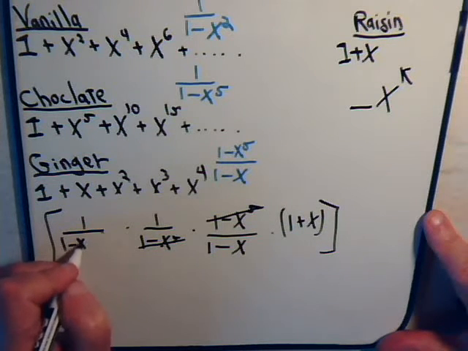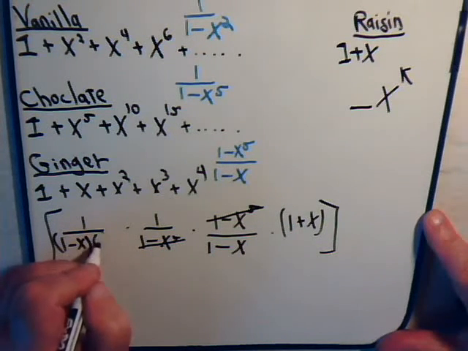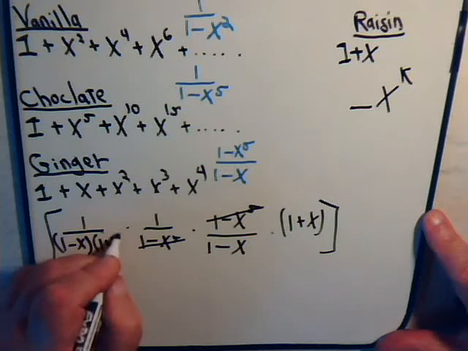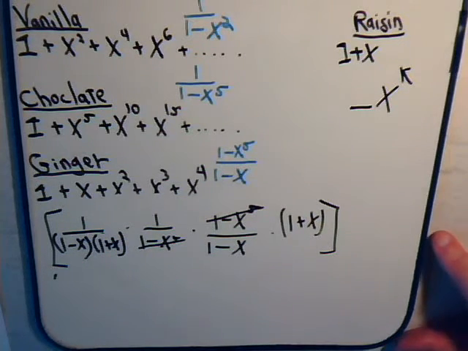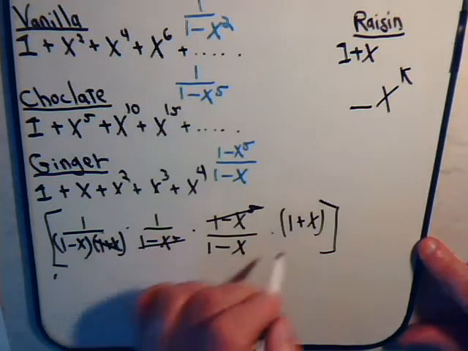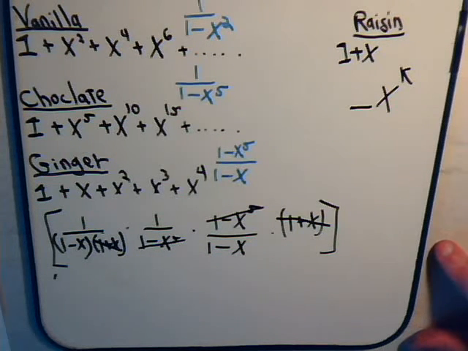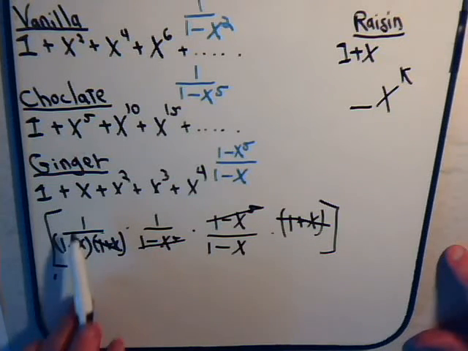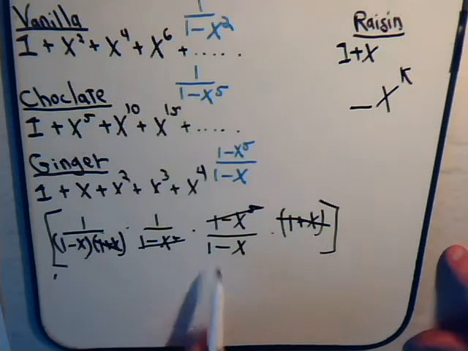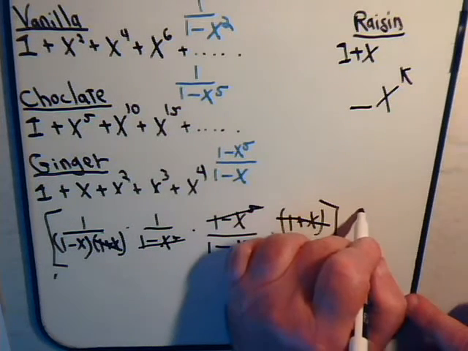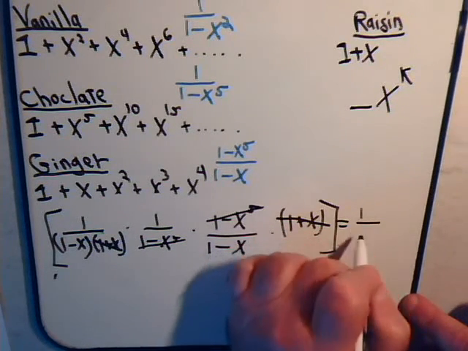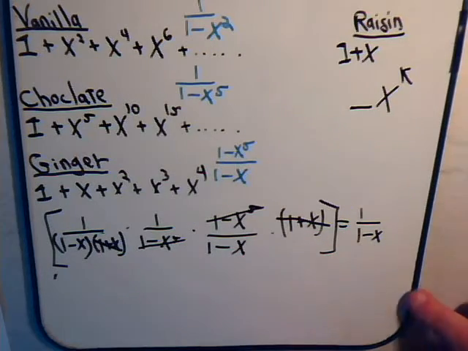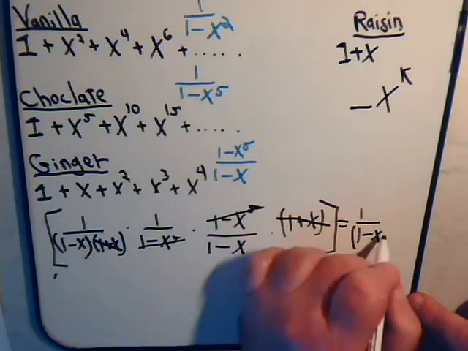And here this cancels with that. So we multiply all the terms together, we have 1 over 1 minus x times 1 over 1 minus x. So that's 1 over 1 minus x, quantity squared.